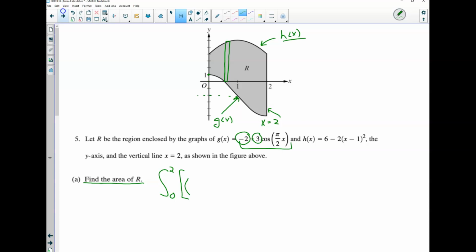My top curve is h of x, which is 6 minus 2 times x minus 1 quantity squared, minus my bottom one, which happens to be my negative 2 plus 3 cosine pi over 2x dx. Thank you very little.